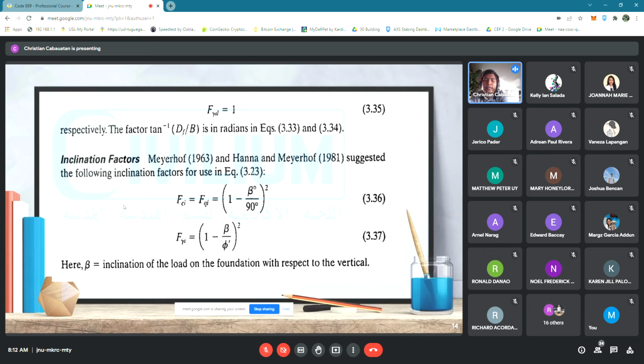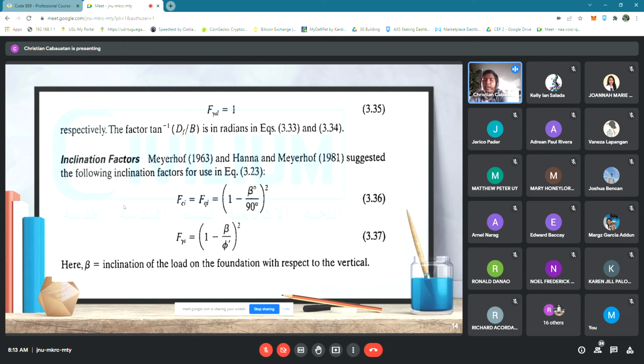For inclination, Meyerhof and Hanna, and again Meyerhof in 1981, suggested the following formulas. FCI is equal to FQI, which is also equal to 1 minus the beta angle divided by 90 degrees, the quantity squared.